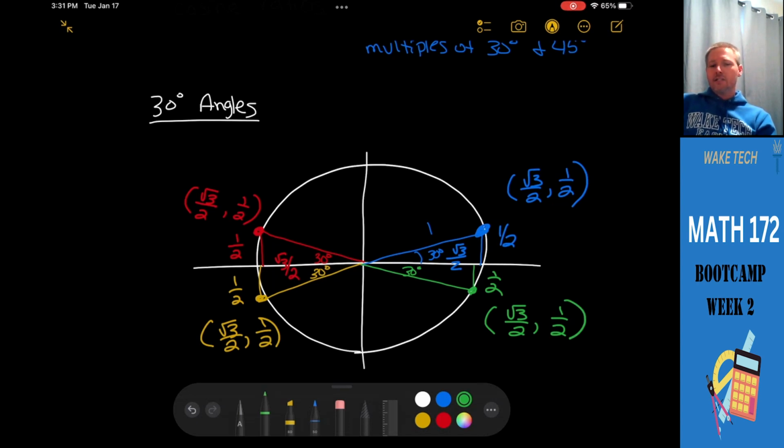The only thing that changes in any of these ordered pairs is the sign for some of these numbers. In quadrant 2, the x coordinate is negative. In 3, x and y are both negative. And in 4, y is negative. But all of these ordered pairs are really similar, with the exception of some values being negative depending on the quadrant.